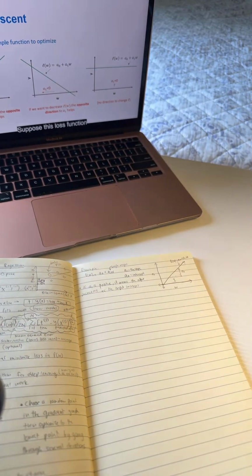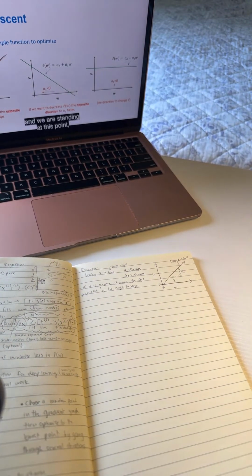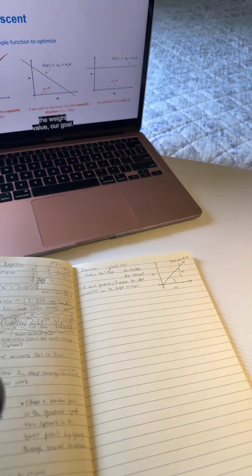So actually, we just quickly show you different cases. Suppose this loss function looks like this one. And we are standing at this point. So this is the current weight value. Our goal, as mentioned, is to minimize the loss function, right? So what are we going to do? We will compute the derivative of this loss function with respect to the weight. So you get a1. This is the derivative, but because here we only have one weight, this is the gradient as well.